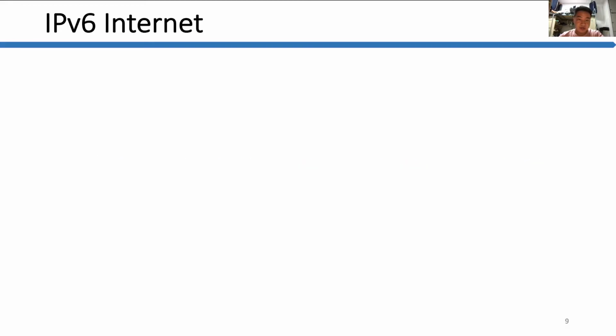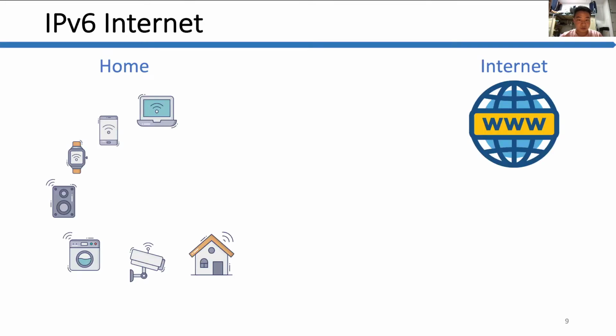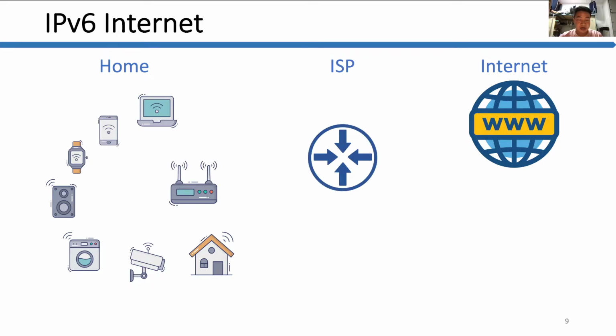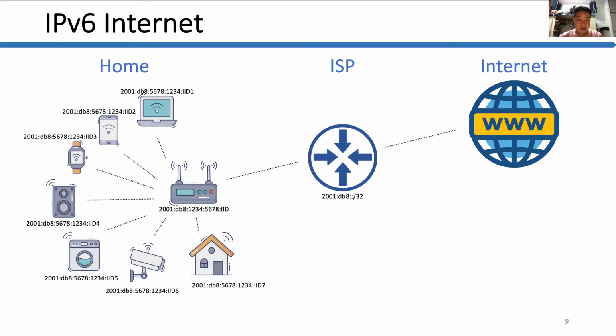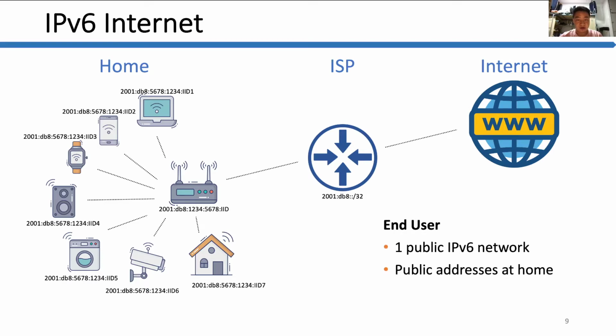In the IPv6 Internet, kinds of devices need a home router to access the Internet, and the SP usually assigns IPv6 prefixes, so each network is a public IPv6 network, and all devices have their public addresses.